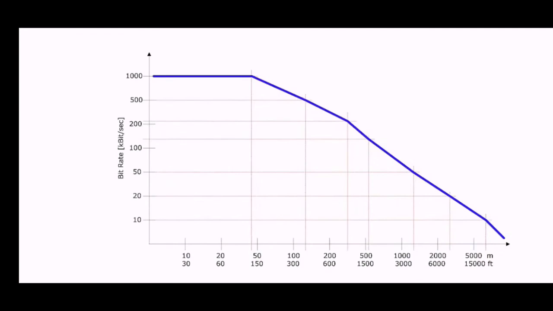We can expect questions like, can we use the CAN protocol for more than 40 meters? Most answers will be no, because CAN will not allow that. But the answer is yes, you can use it, but the bit rate will go lower, so obviously the efficiency will also be lower, and we cannot attain what we want.